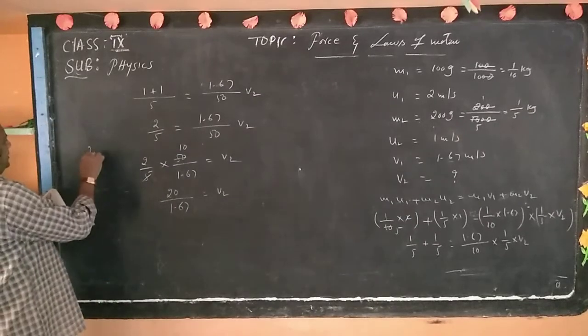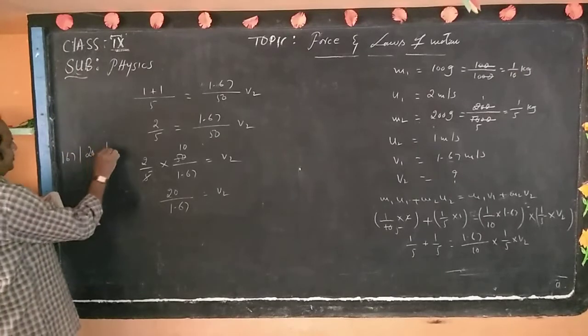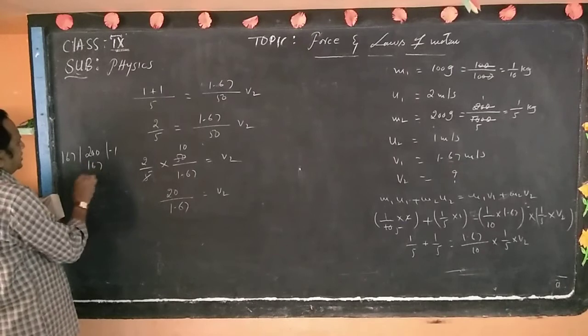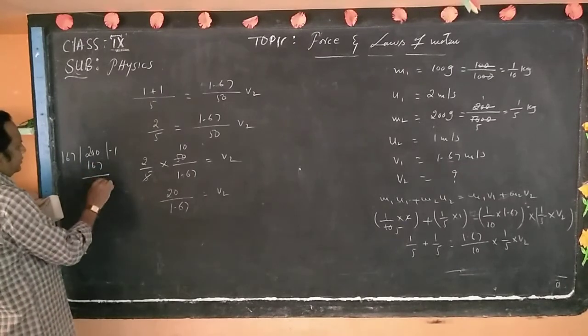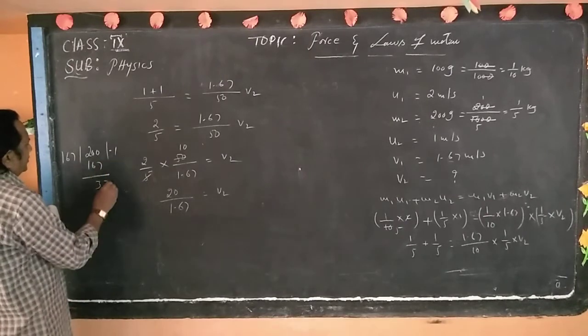20 divided by 167. Zero, one time 167. So the point is there.